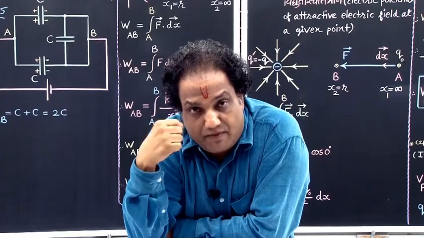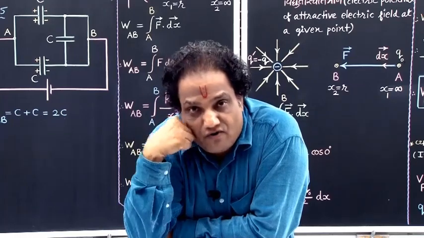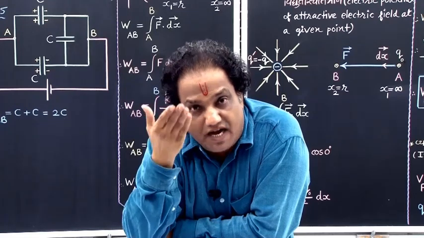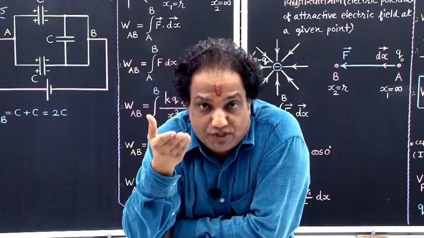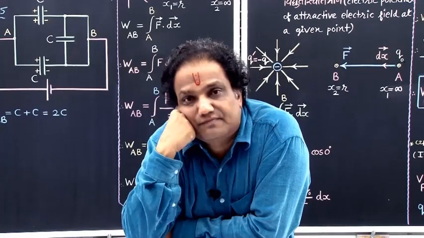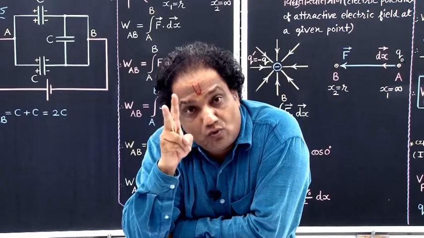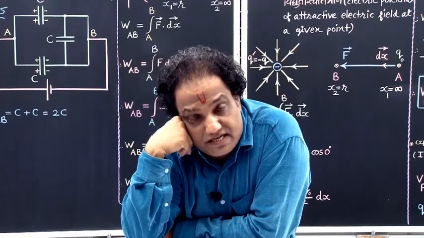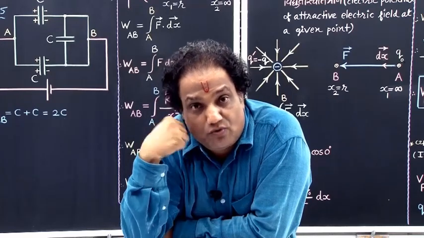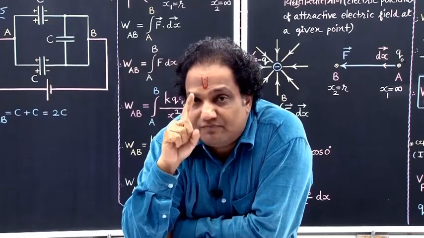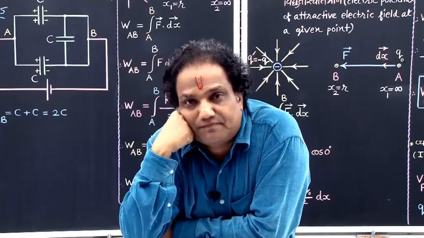But here we are talking about electric field. What is the source of electric field? Charge. But charge is of 2 types, positive as well as negative. That is why, though you are having 2 polarities of electric charge and you are trying to give single definition of electric potential, then it creates a problem.